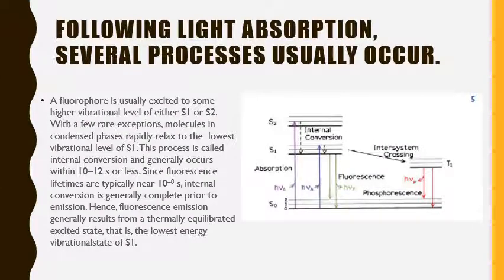A phosphor is usually excited to some higher vibrational levels of either S1 or S2, with a few rare exceptions. We give the energy and the molecule moves to an excited state, either S1 or S2.